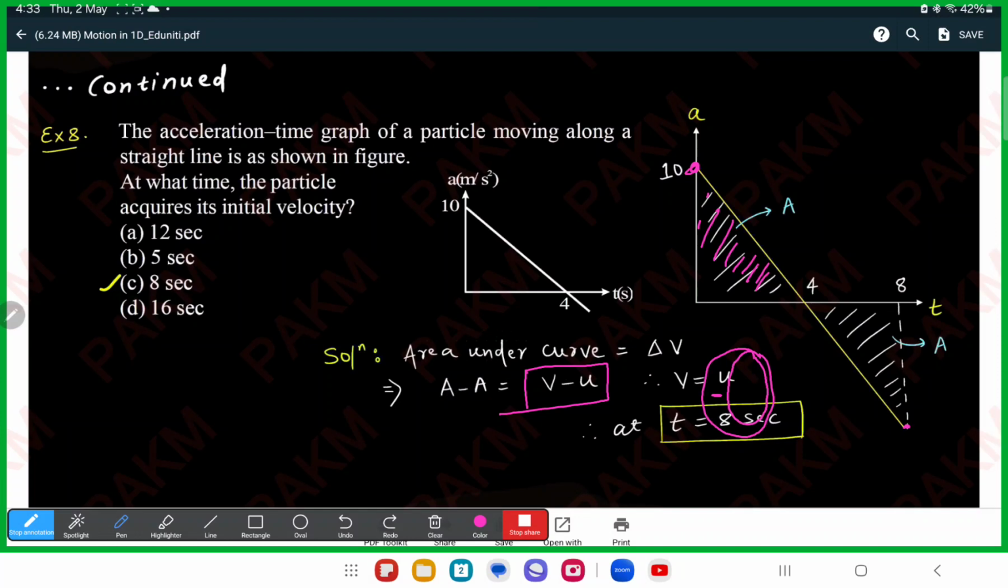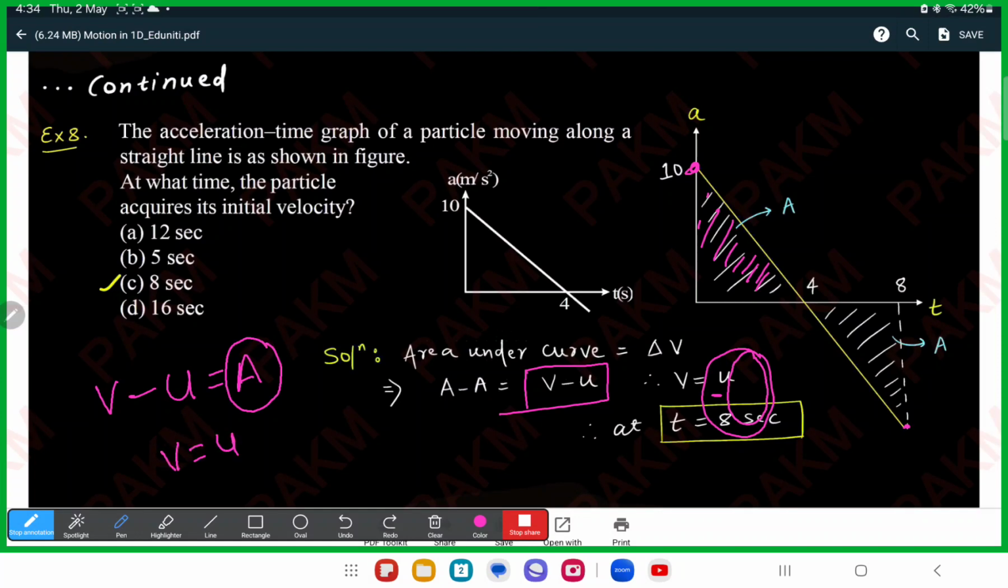So here we can say the upper area and lower area are equal to each other. Basically, the area will give me v minus u, that is the area, correct? If the area is 0, only then v is equal to u.